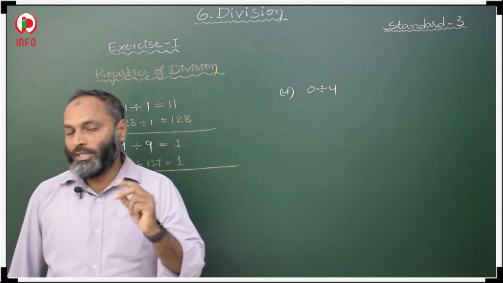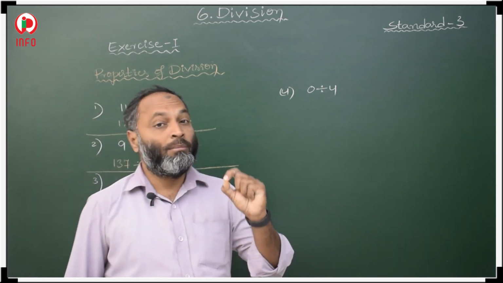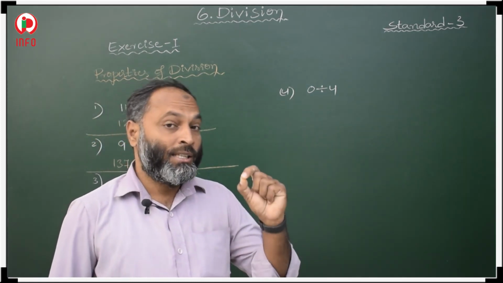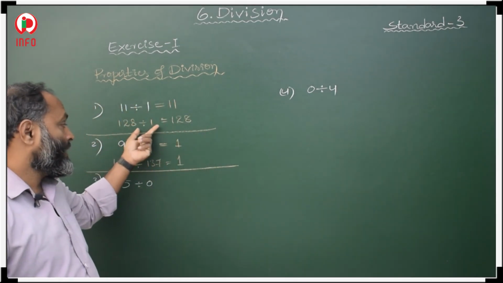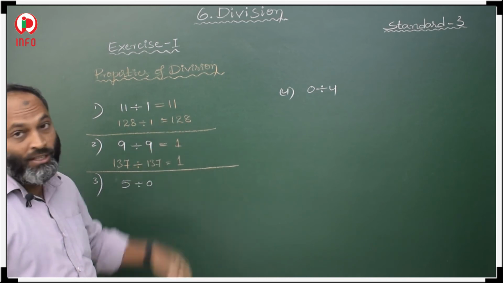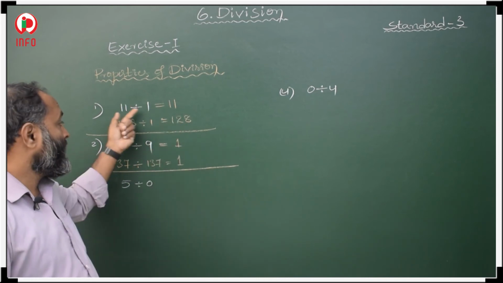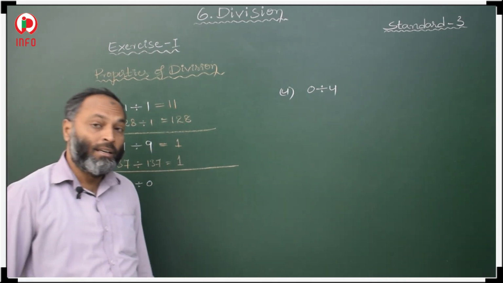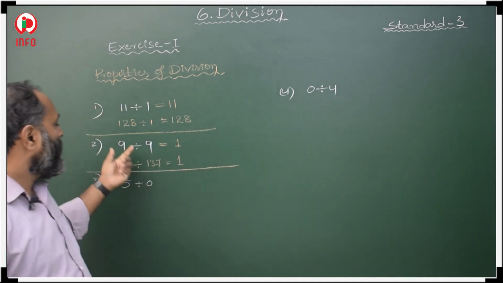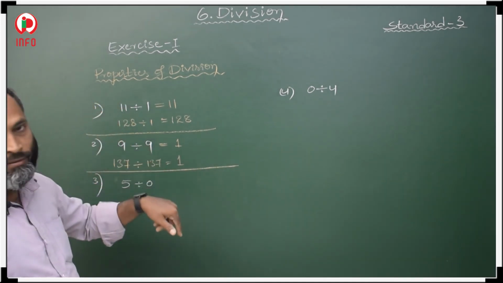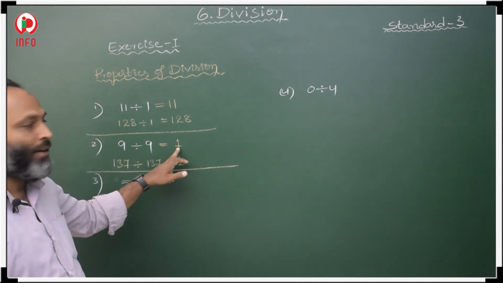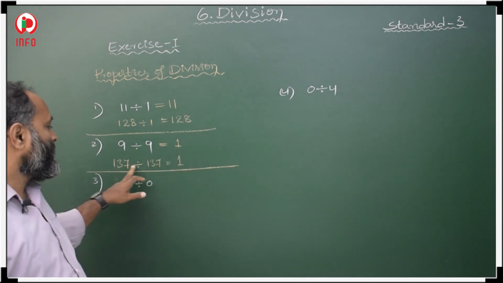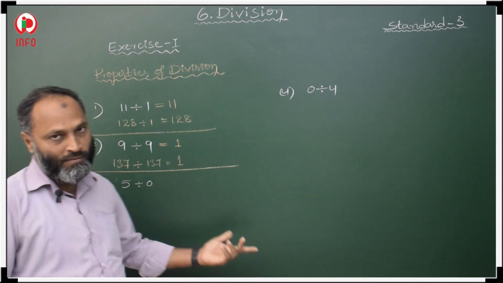Like 128 divided by 1 is 128 only, 11 divided by 1 is 11. Like 9 divided by 9, the answer is 1, and 137 divided by 137, the answer is 1.